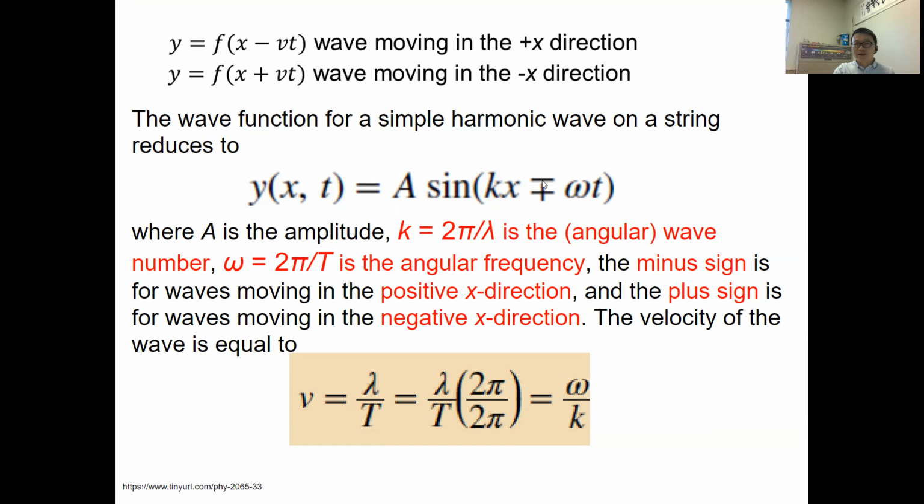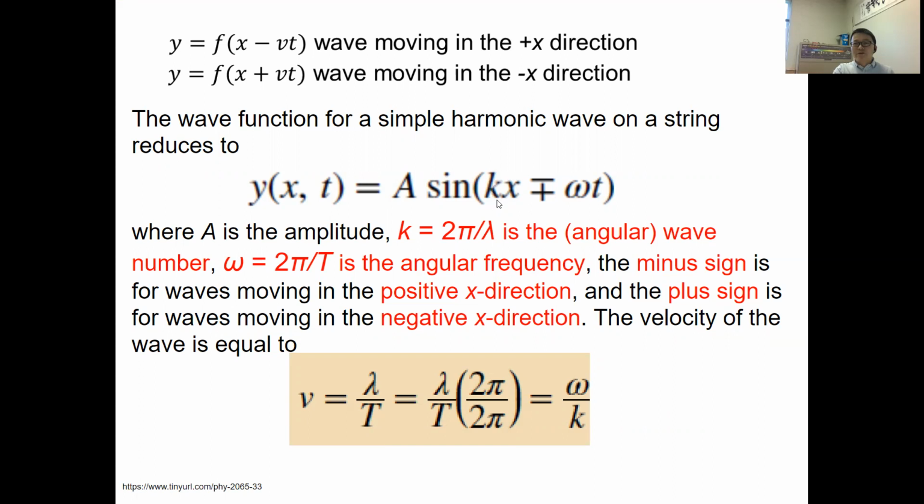If you have the minus sign in the sine argument, kx minus omega t, the wave is propagating in the positive direction. If there's kx plus omega t, then the wave is propagating in the negative x direction.